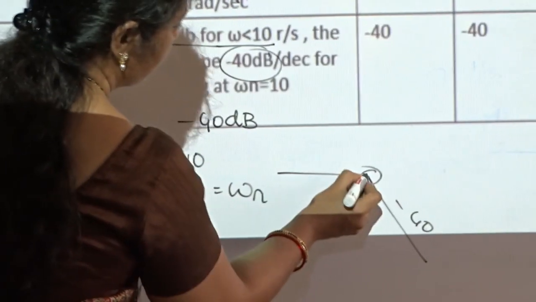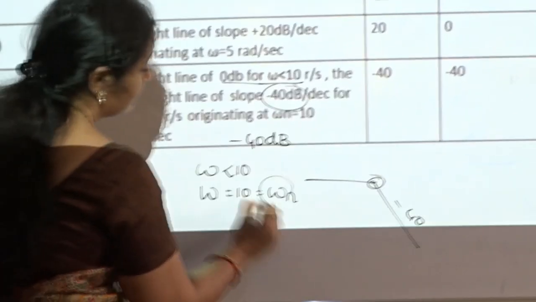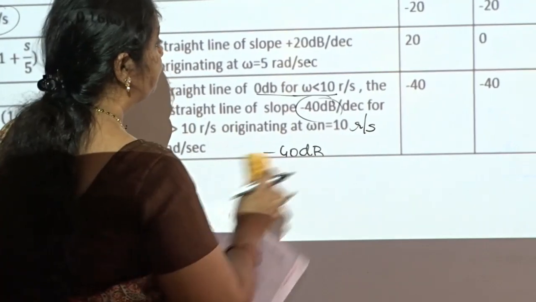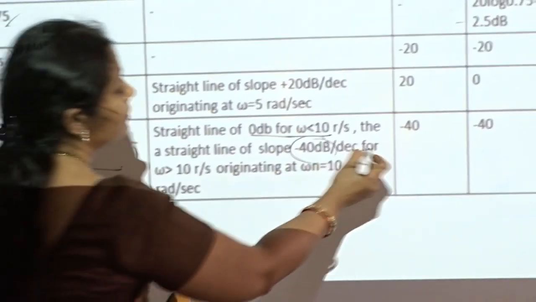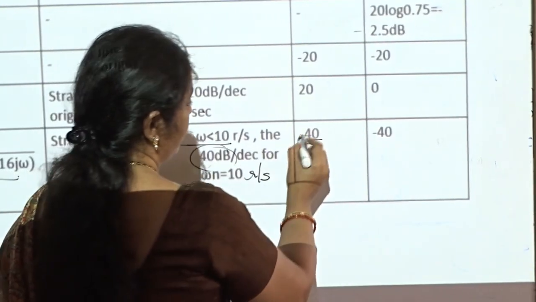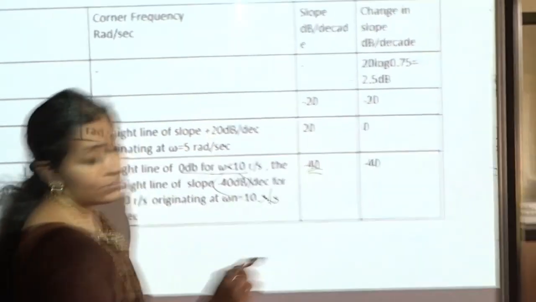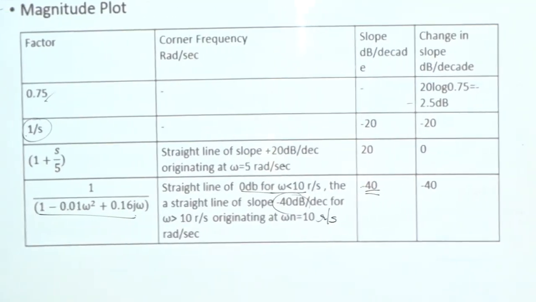Here in this case, omega n is 10 radians per second. The total slope that we get from the second order equation is minus 40. So previously we had 0, then my total slope becomes minus 40.